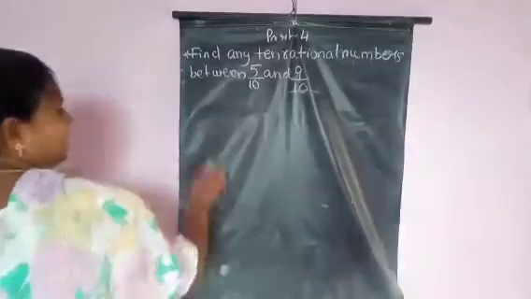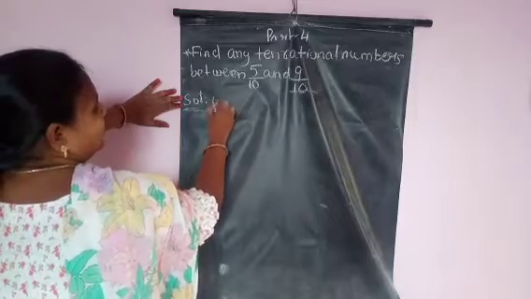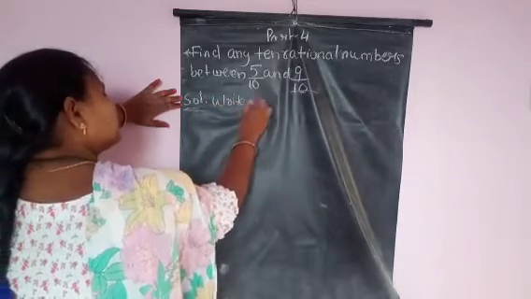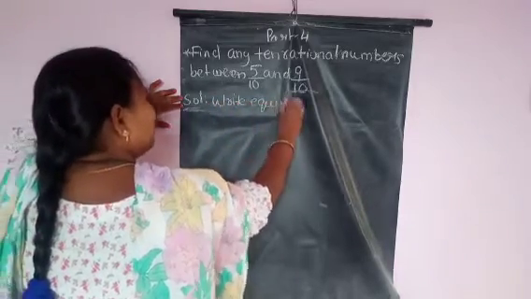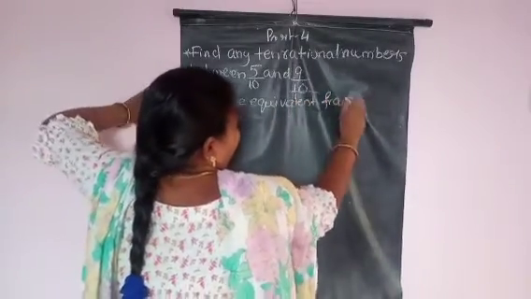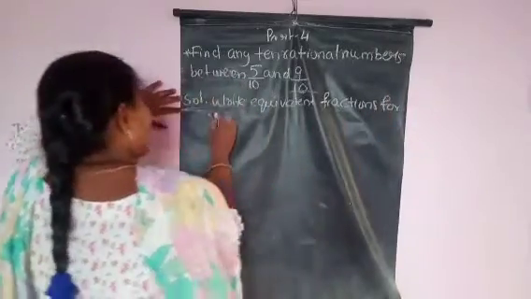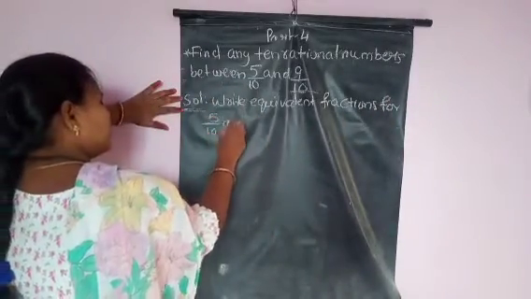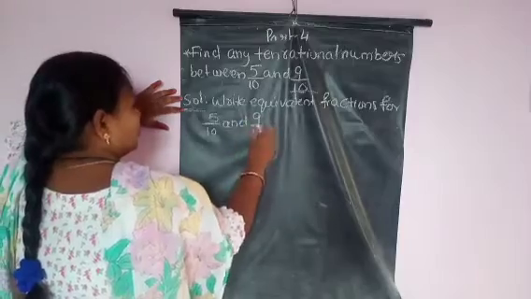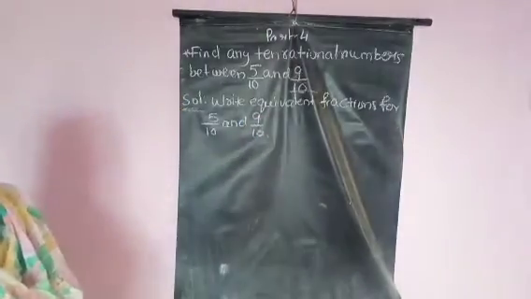Write equivalent fractions for 5 by 10 and 9 by 10.